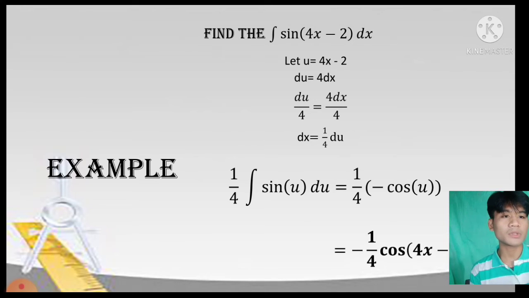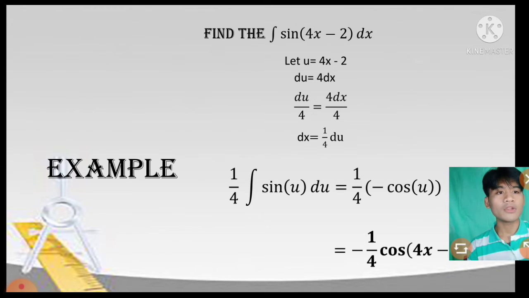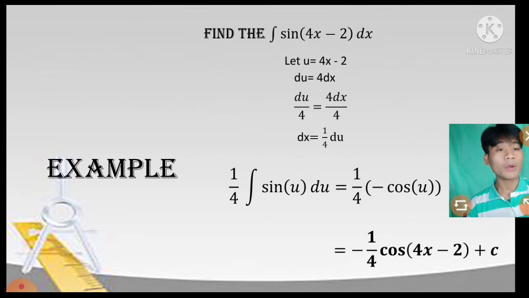Next, we just substitute the value of u. So we come up with negative 1/4 cosine of 4x minus 2 plus c instead of u. That will be the final integral of this trigonometric function for our example number 1.